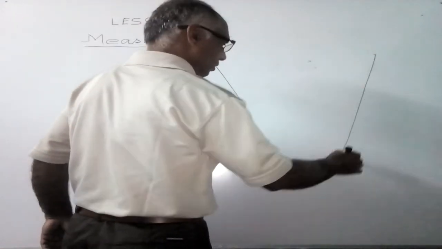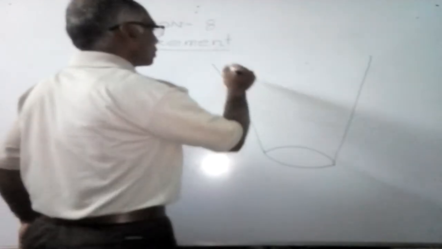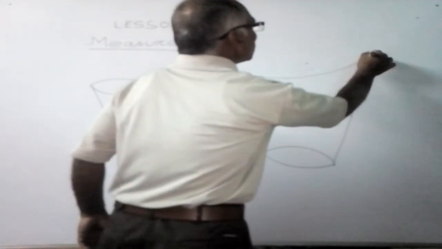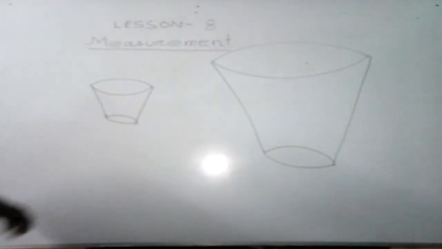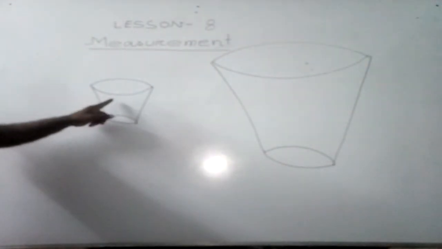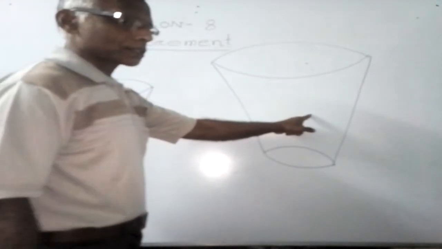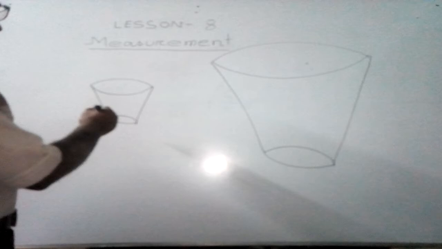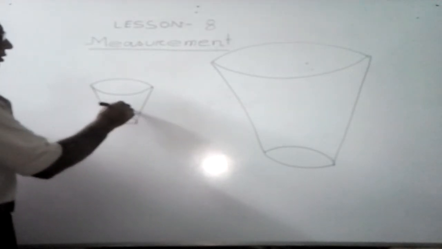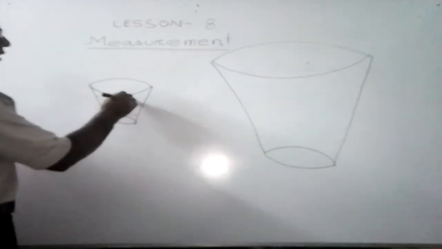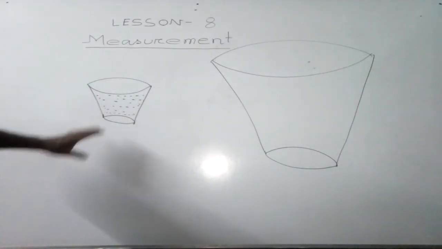I think you have understood it. It is a small glass. It is a big glass. The amount of water, if suppose these are water, it will contain very less amount of water.